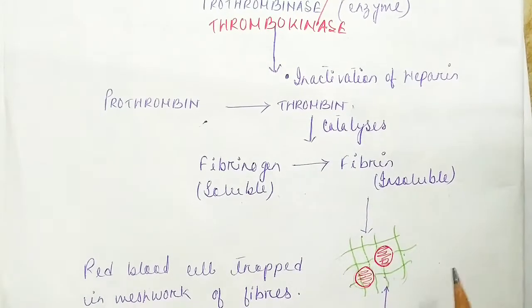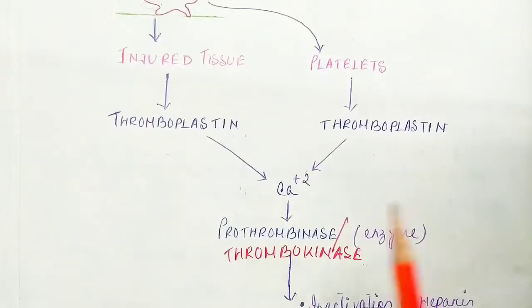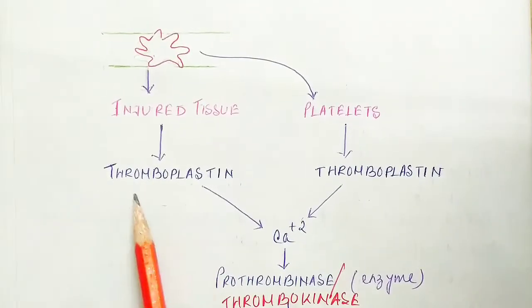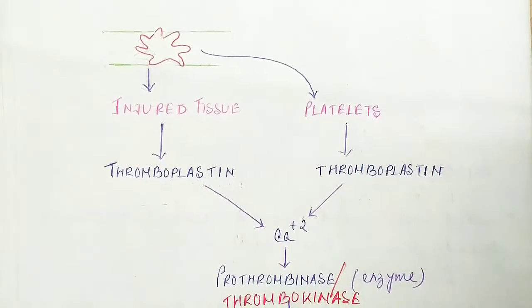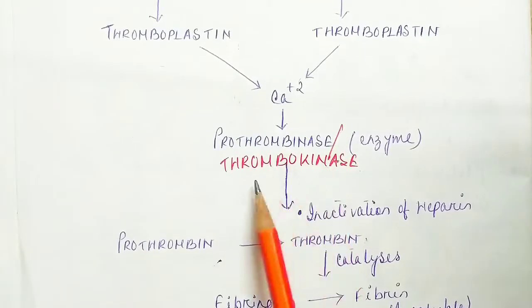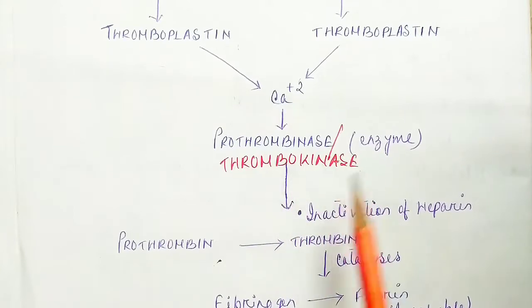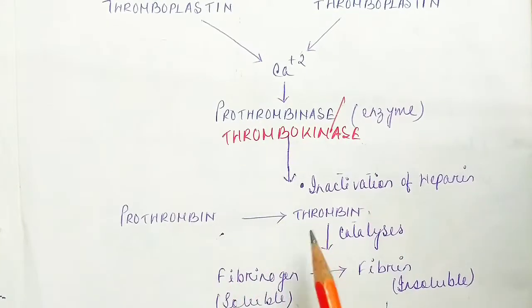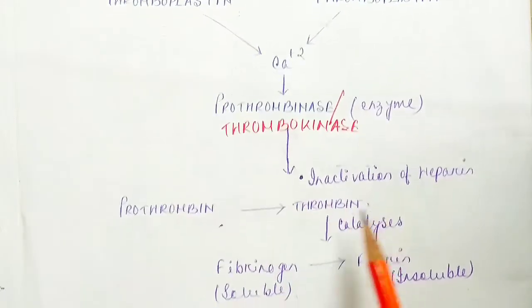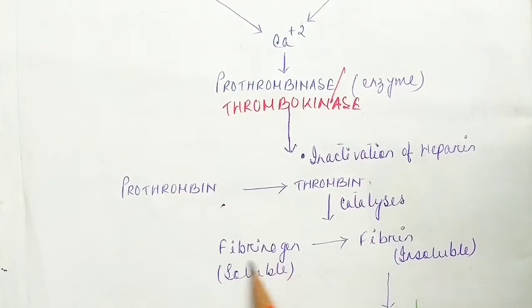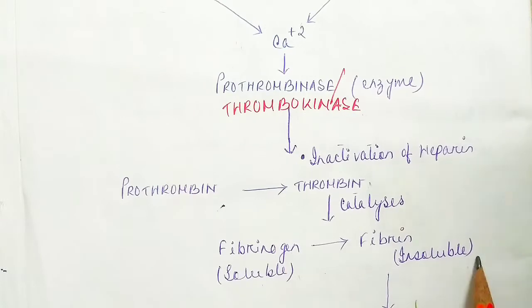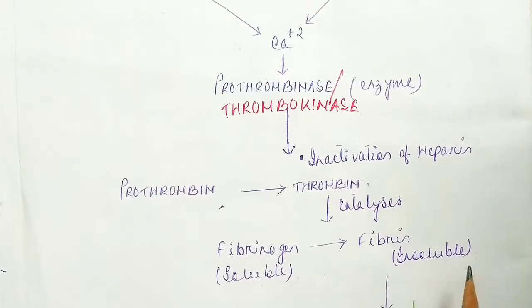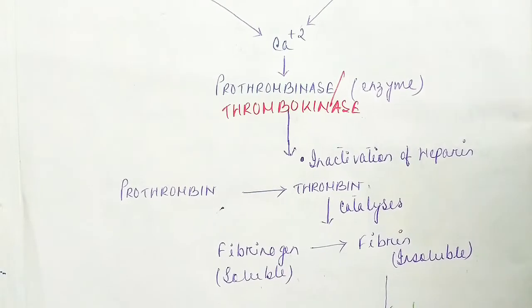and as a result clotting is done. So in this process we have to remember these terms: thromboplastin, which is released by injured tissue and the platelets; then thrombokinase, an enzyme which converts prothrombin to thrombin; and this thrombin converts fibrinogen, the soluble product, into fibrin, the insoluble fiber where the damaged blood tissue is trapped.